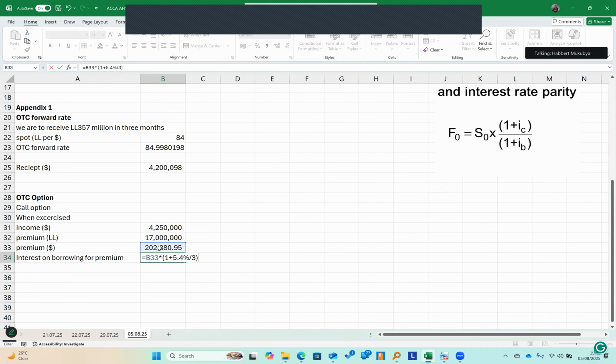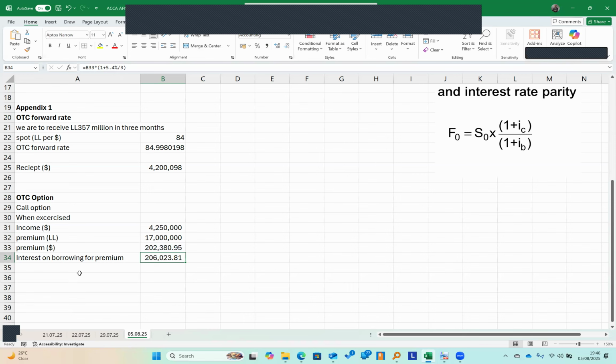So that is 206. This is the amount you are going to borrow, but this is not the interest alone. This is the amount with interest.